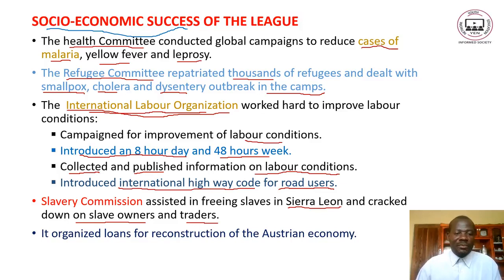So the Slavery Commission, we mentioned it, managed to free slaves in Sierra Leone. And also, the League of Nations organized loans for reconstruction of the Austrian economy. So Austria was assisted to come back to life economically.